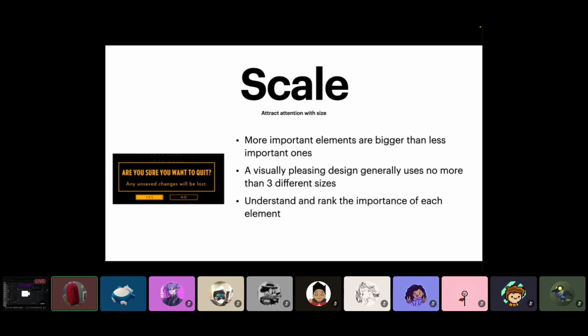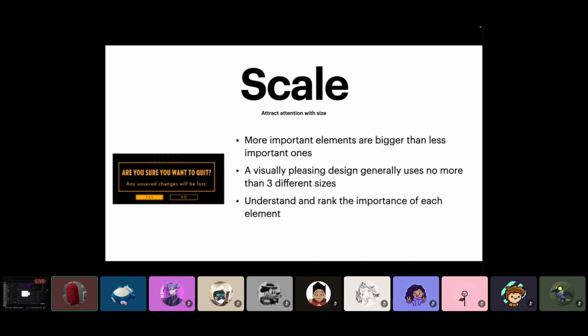So you want to decide which elements are the most important and scale them up as big as you want. They say it's generally good practice to only have 3 different sizes for scaling. And because you have only 3, you need to really decide and understand the importance of each UI element.